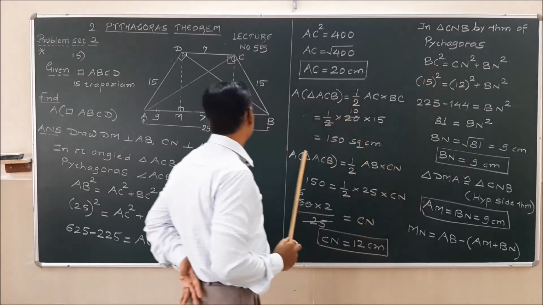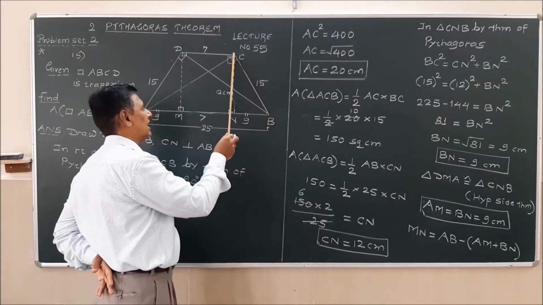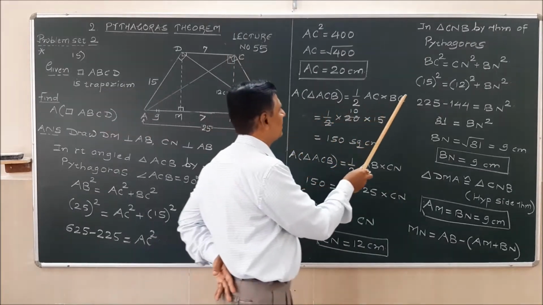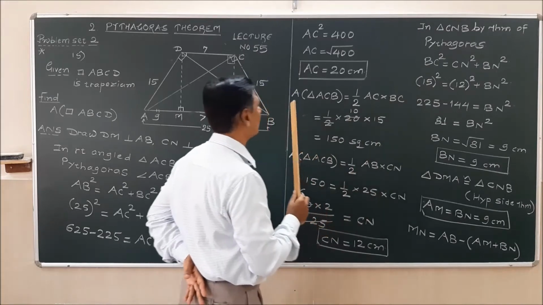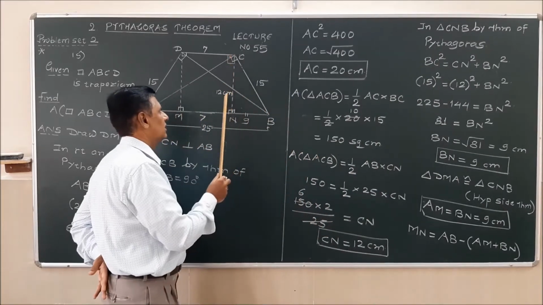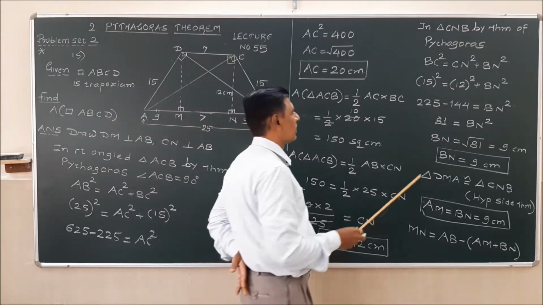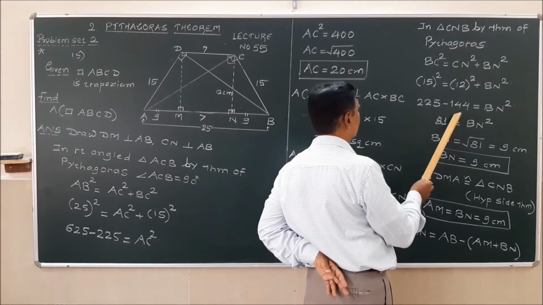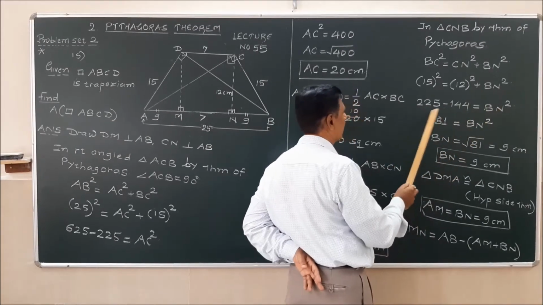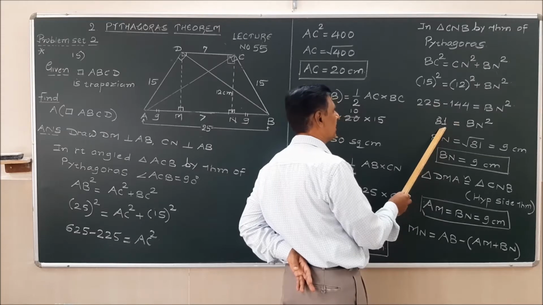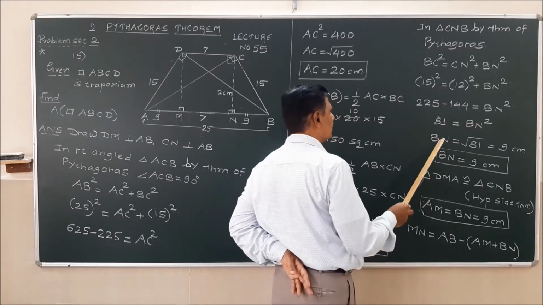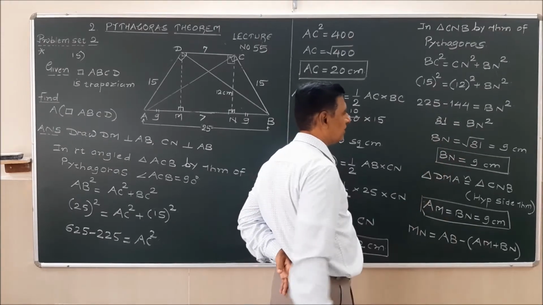BC is 15, that is given. So 15 square is equal to 12 square plus BN square, since CN we got as 12. So 225 minus 144 is equal to BN square. The difference between these two is 81, which is equal to BN square. So BN is equal to 9.